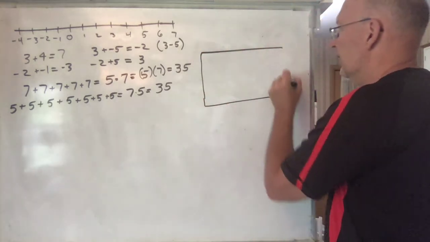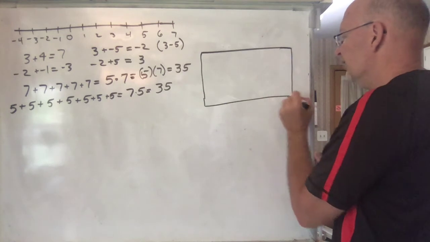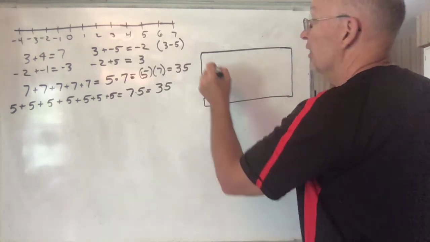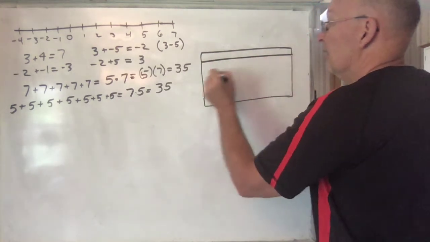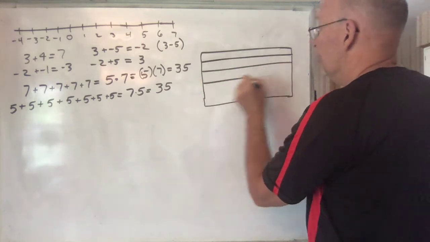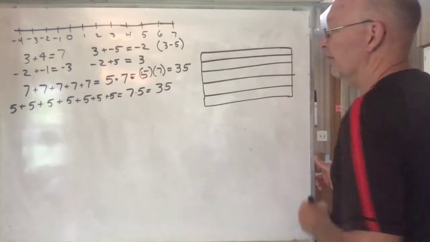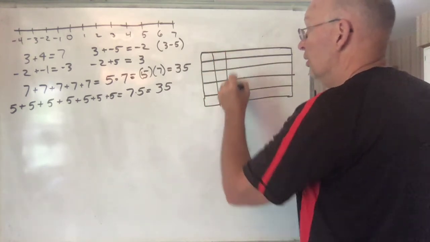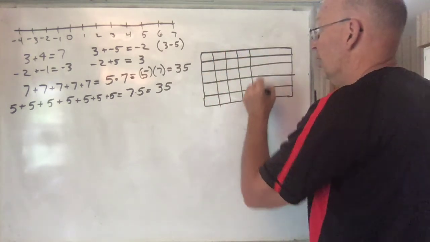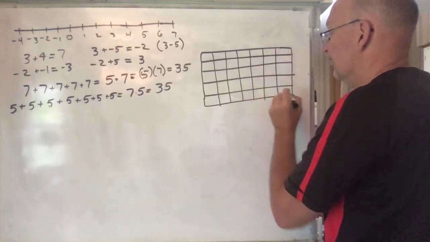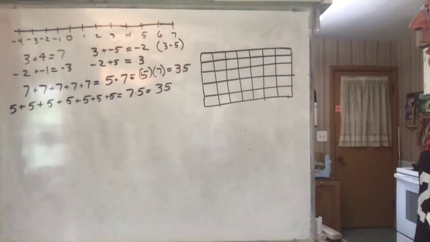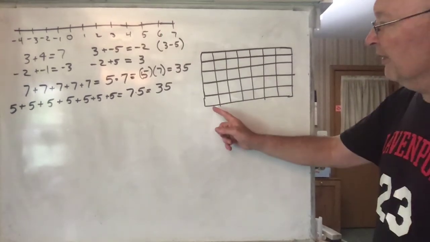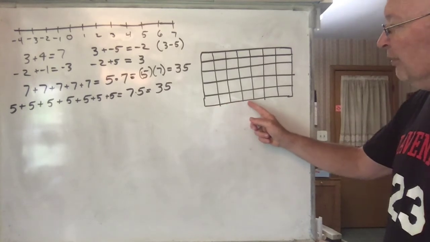The reason why, you can easily see by making yourself a grid. If you make a grid with 1, 2, 3, 4, 5 rows that way, and 1, 2, 3, 4, 5, 6, 7 that way, then here I have 5 plus 5 plus 5 plus 5 plus 5.